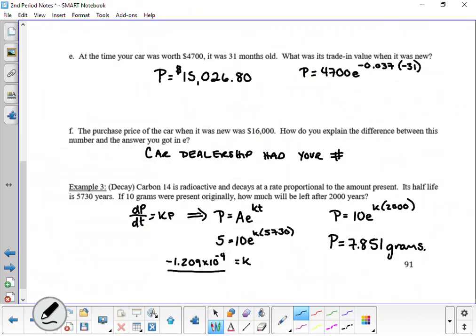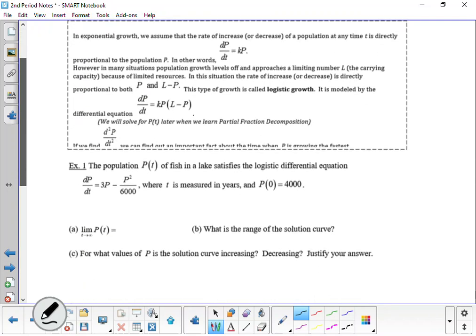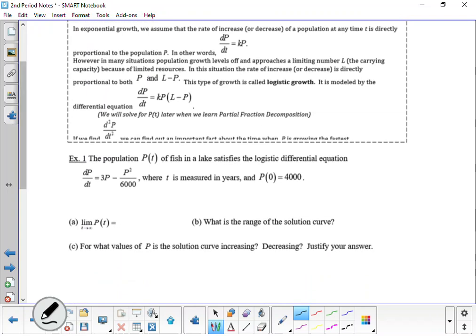Let's do some logistic growth then. So the nice thing about logistic growth is it always looks exactly the same. It'll either be in this form, and a lot of times they'll say this is a logistic growth function. It'll either be in this form, dp dt equals kp times L minus P, but sometimes they will do it in this form, where it's basically multiplied together.